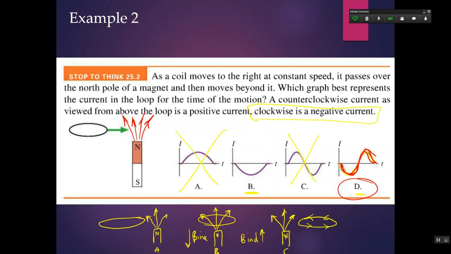What would the graph look like if I increase the velocity of my loop? Say that again? So you think if I went faster, it's going to be like this, with the same timing?